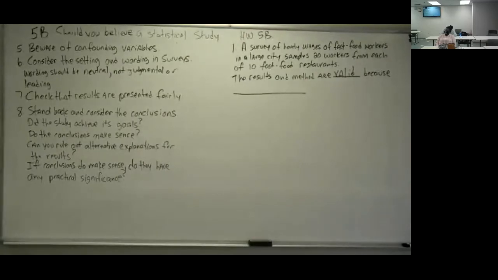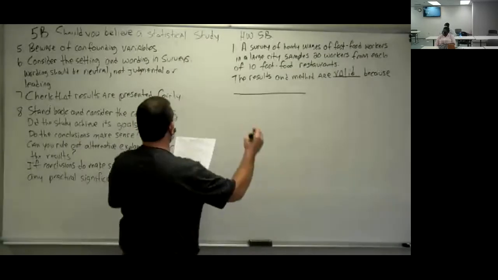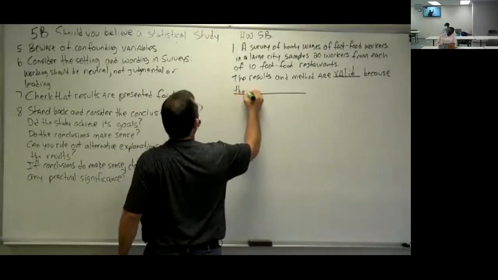Sort of, wouldn't it? Now, I could have gone to McDonald's, got one person, gone to another place, got a person. But depending on whether they've been at that restaurant a while or not might affect their wages. So we're going to say the entire sample is large and diverse.